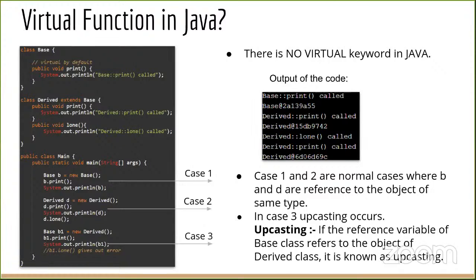Before seeing this example and explaining it, I would like to remind you that in Java, all primitives like int, char, etc. are similar to the primitives of C++, but all the non-primitives are always references.